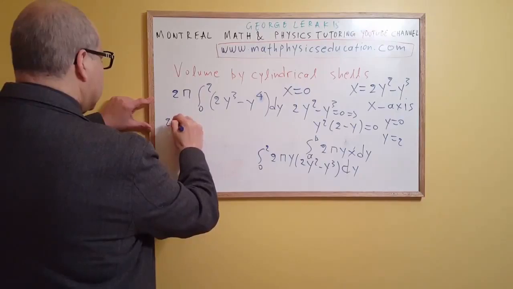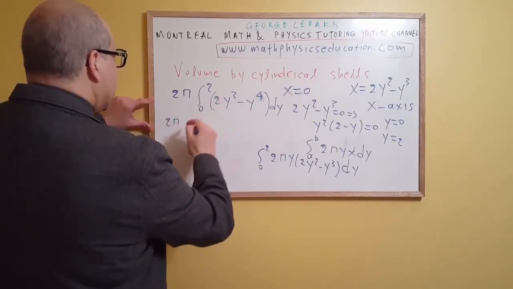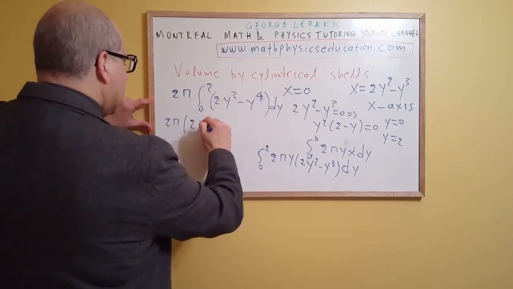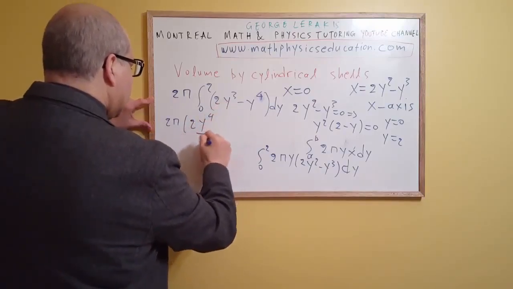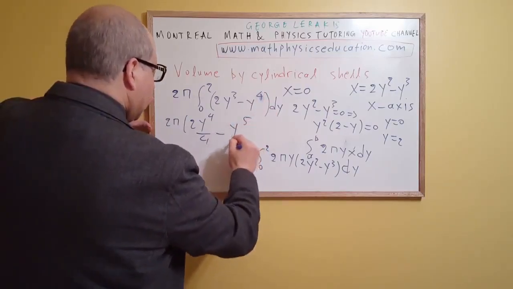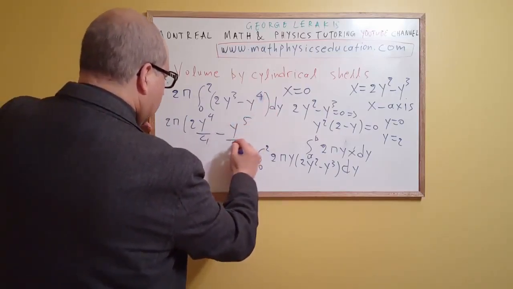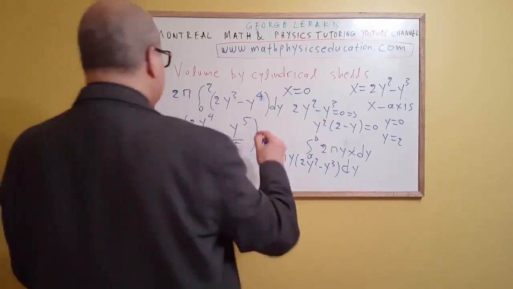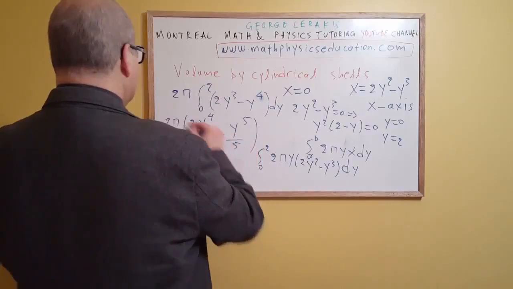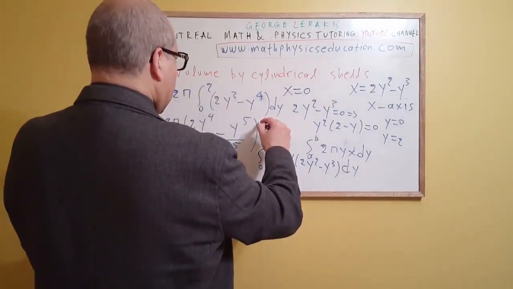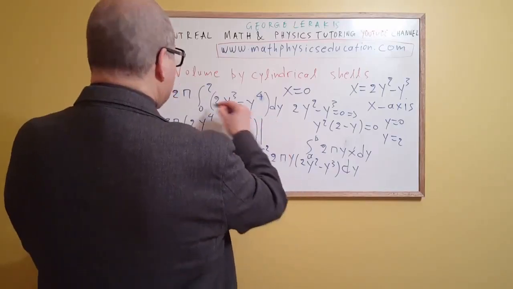So that's 2 pi times 2 times the integral of y to the third, which is y to the fourth over 4, minus the integral of y to the fourth, which is y to the fifth over 5, integrated from 0 to 2.